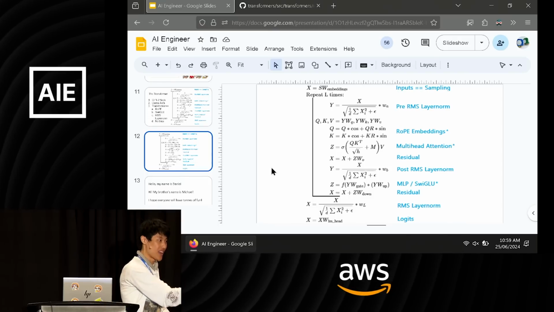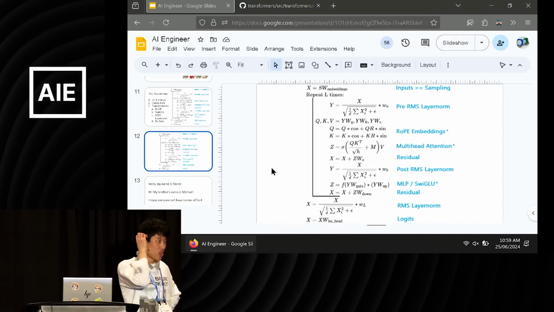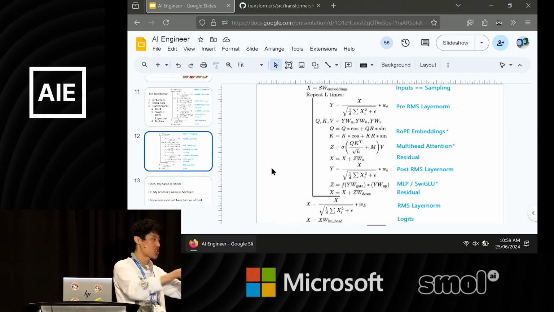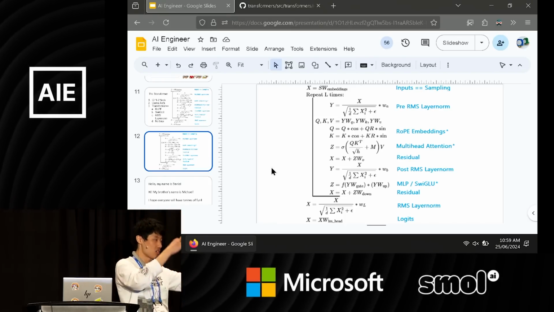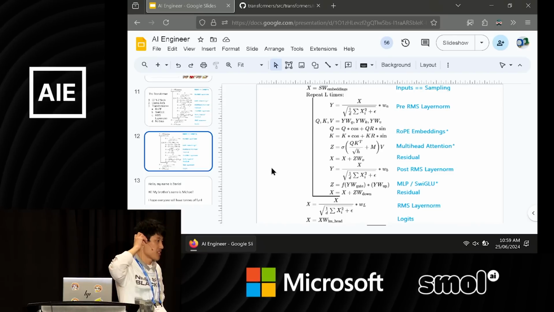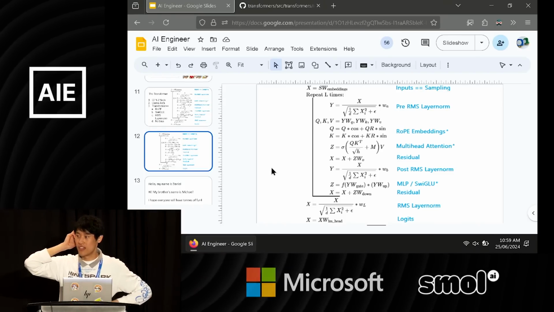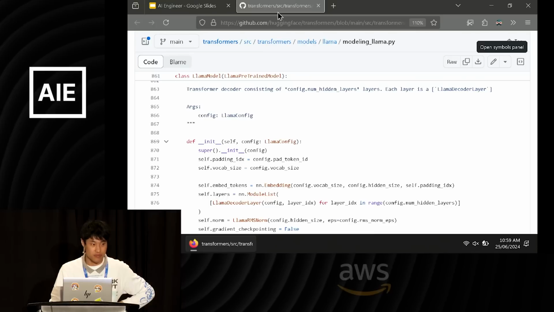Now it's 1 again. If you times 2, it's 2 again. Let's divide it by 2 again, go back to 1. So all layer norm does is it makes the scale go back to a good scale, so your numbers don't diverge on both sides. That's what layer norm kind of does. Any other questions? Okay.